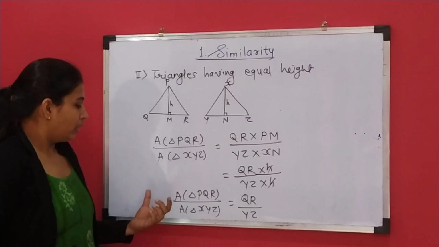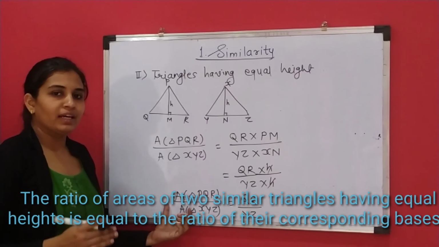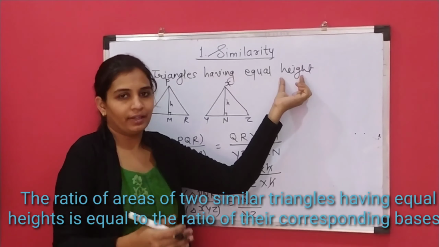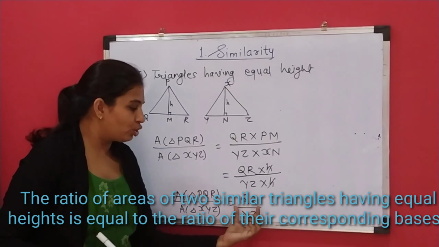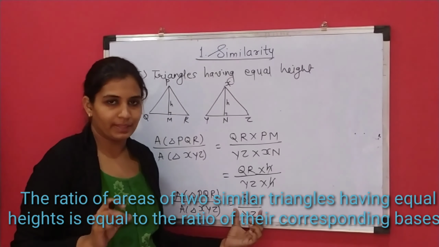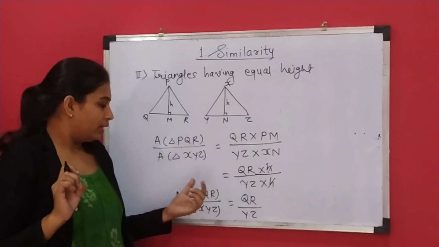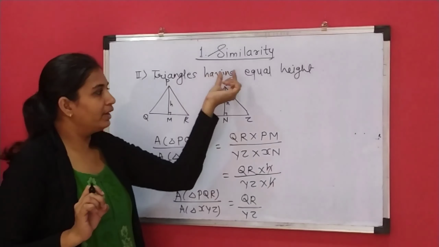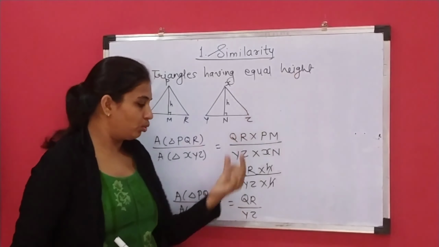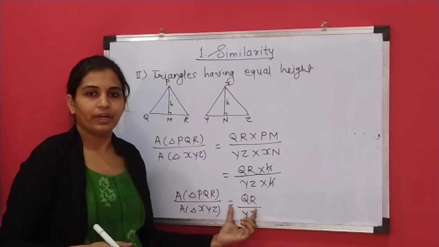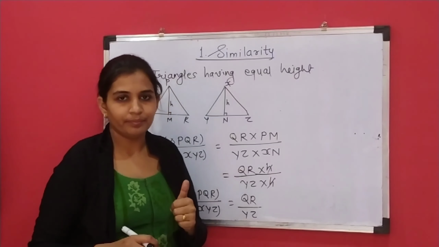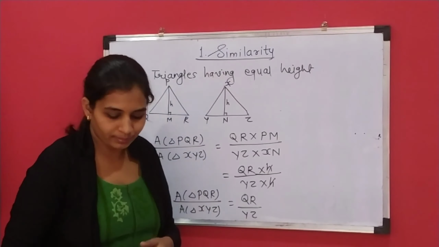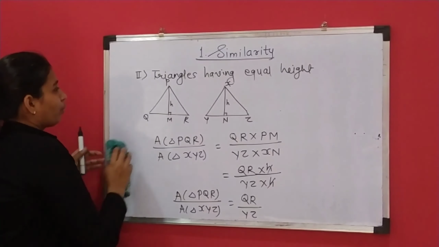It means the ratio of areas of two triangles having equal height is equal to the ratio of their corresponding bases. Note down again: the ratio of areas of two triangles having equal height is equal to the ratio of their corresponding bases. Did you get it? This is one more important property for us. Now we'll take the third property.